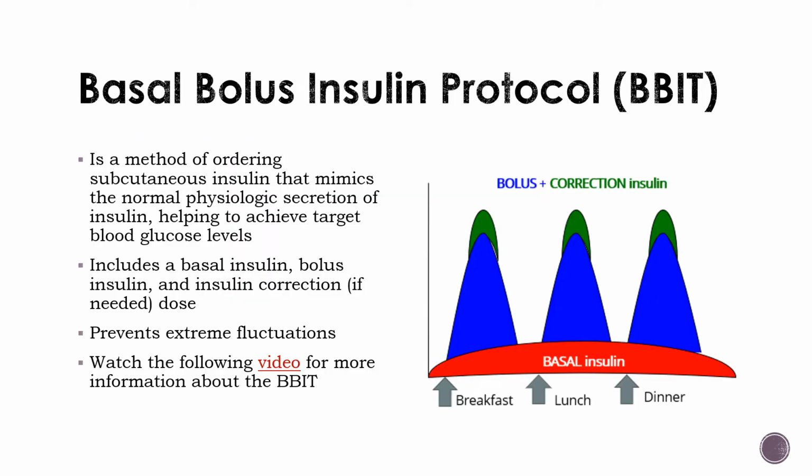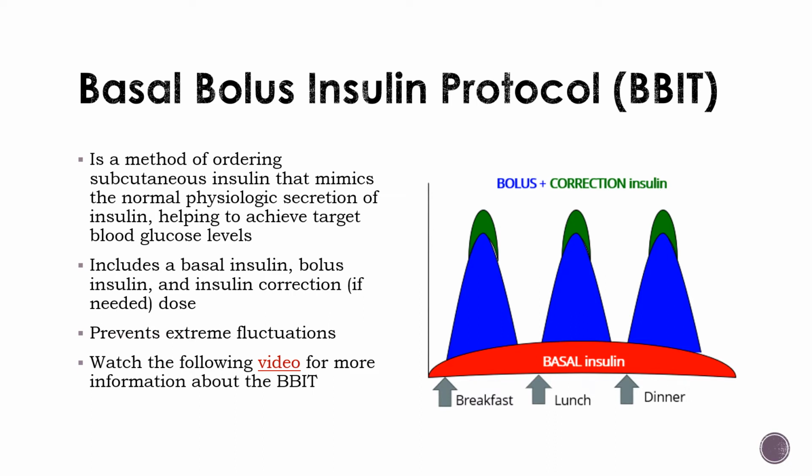Next is the basal bolus insulin protocol. In hospitals, it is a method of ordering insulin that mimics the physiological secretion of insulin to help achieve the targeted blood glucose level. This includes basal insulin, which is usually intermediate and or long-acting insulin.